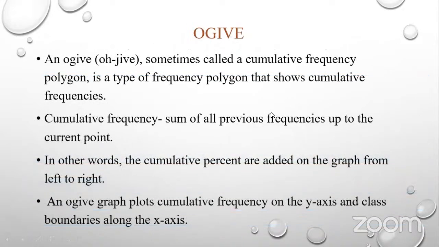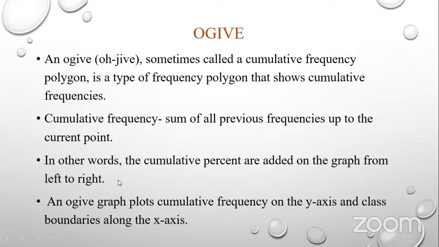First of all, I will tell you what an ogive is. An ogive is called a cumulative frequency polygon. It is a type of frequency polygon that shows cumulative frequencies. Cumulative frequency means the sum of all previous frequencies up to the current point. In other words, cumulative percents are added on the graph from left to right.